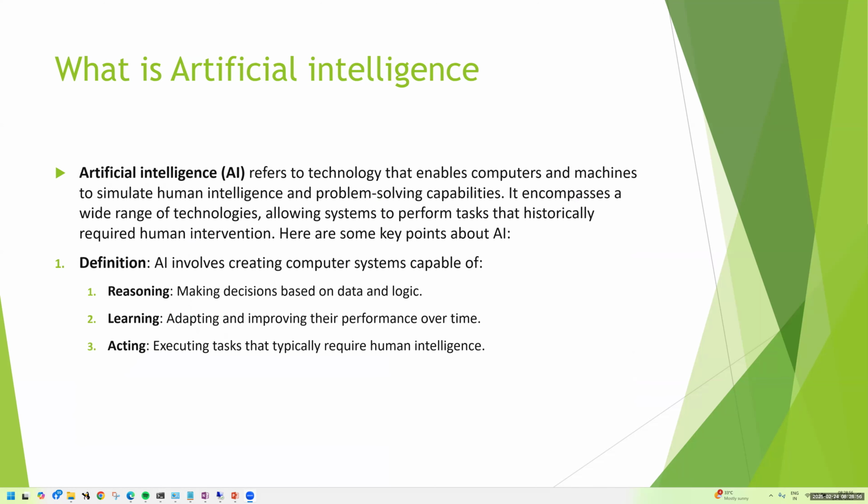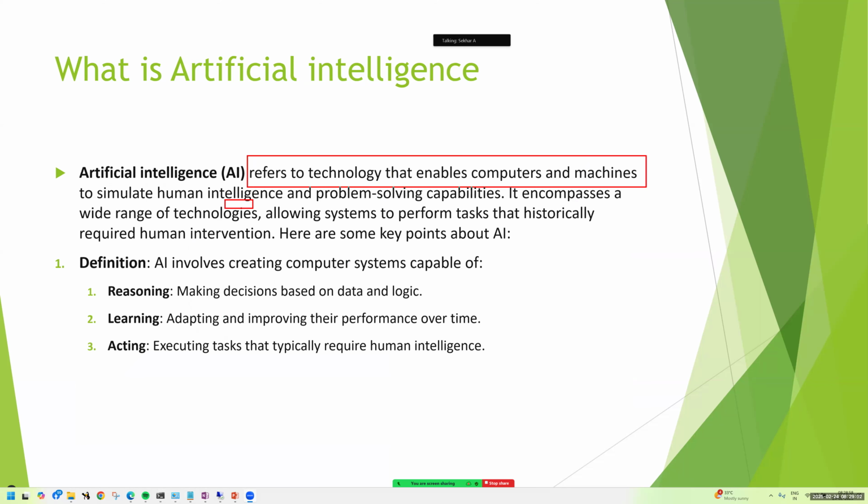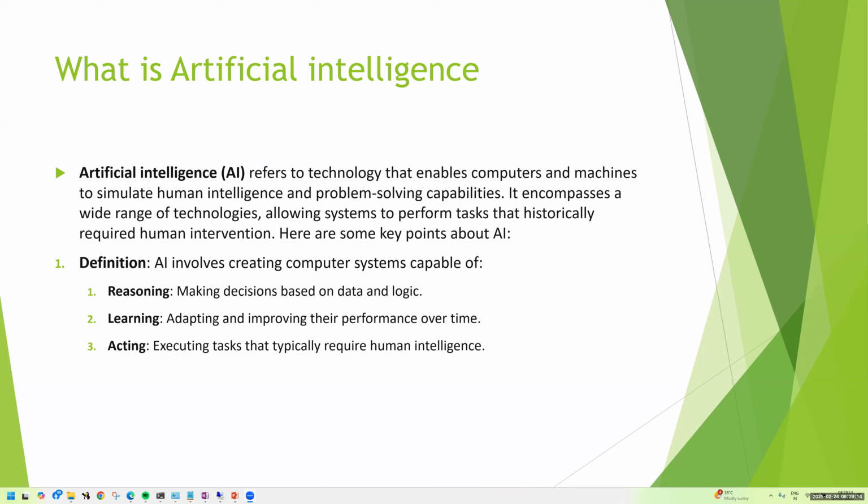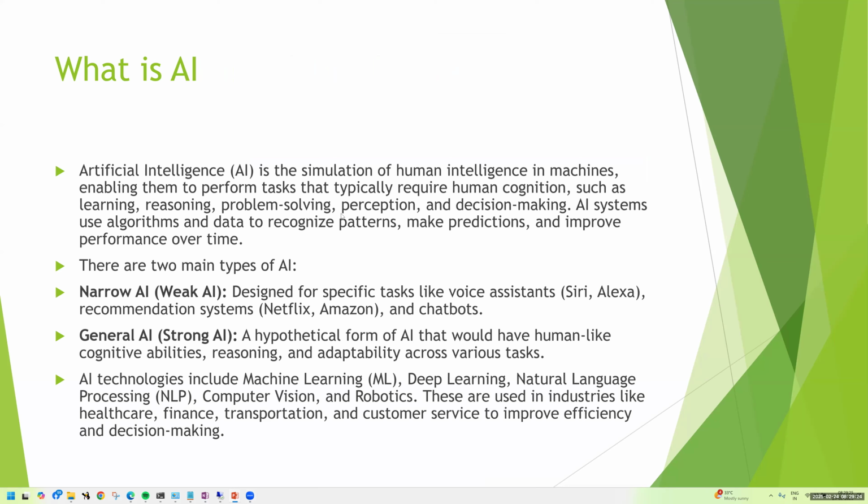So the exact definition is this, guys: AI refers to technology that enables computers and machines to simulate human intelligence and problem-resolving capabilities. You know, right? So Azure AI supports problem-resolving capabilities. Very simple definition: artificial intelligence enables computers and machines to simulate human intelligence, and it contains problem-resolving capabilities.